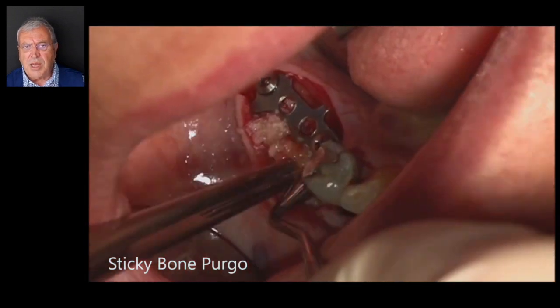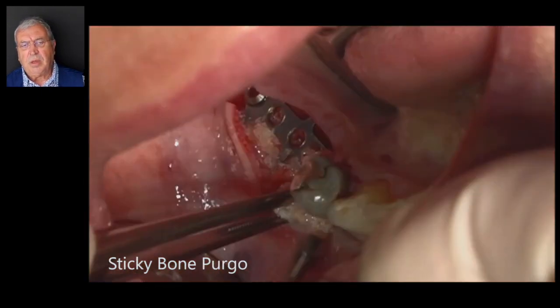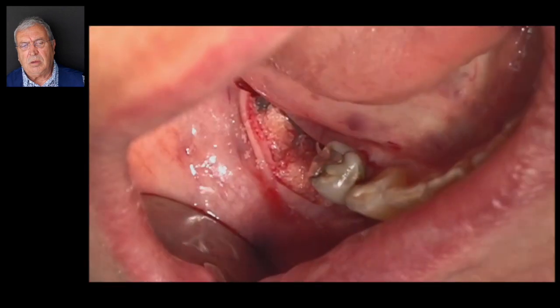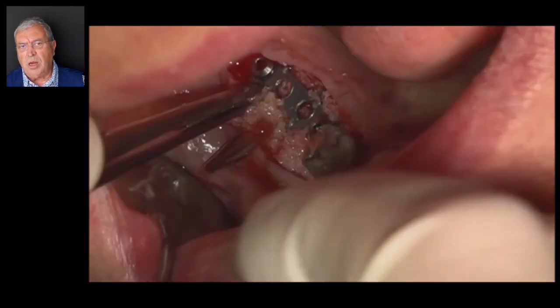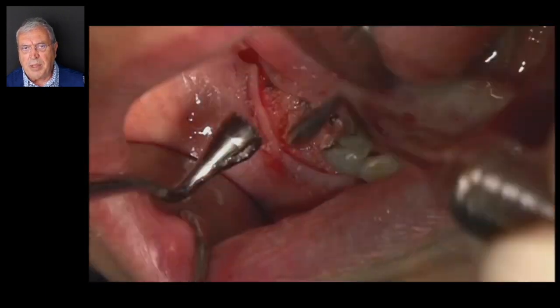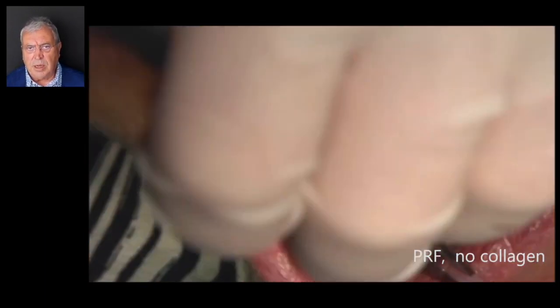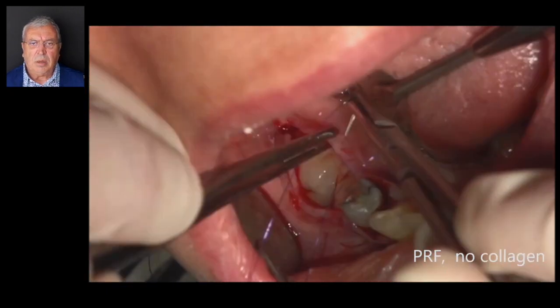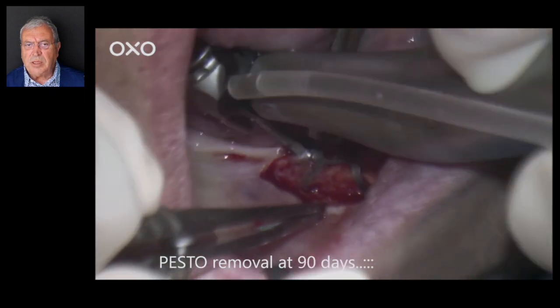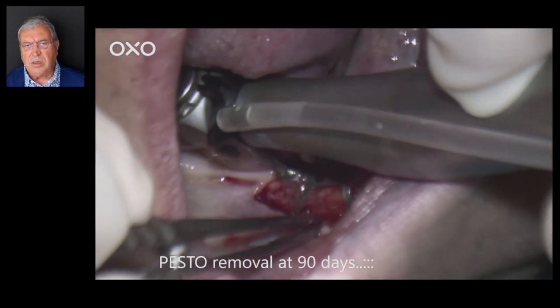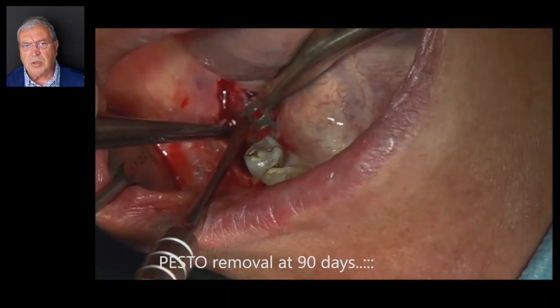We did not use any collagen, only PRF, and closure as well with the apical mattress suture technique. So let's see the reopening only 3 months later. The mesh removal is easy because this mesh cannot be osseointegrated.